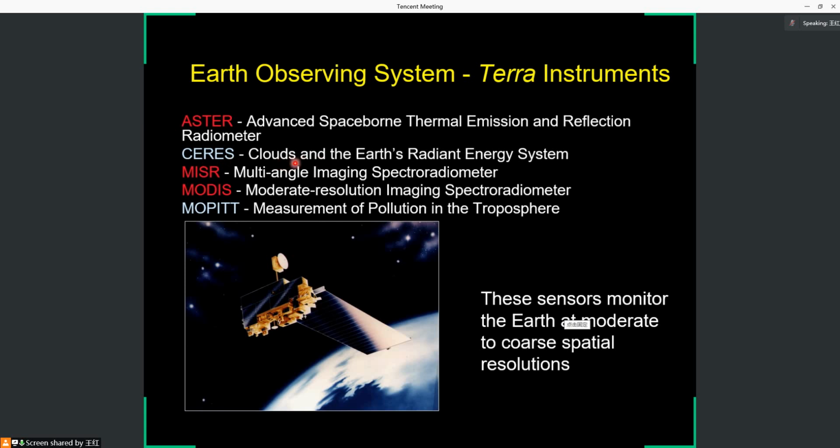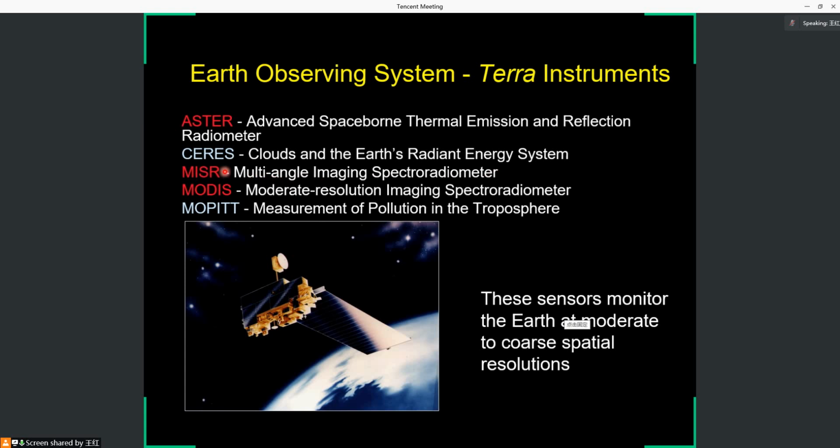It uses a cross-track and a radiant image system. This is the Multi-angle Imaging SpectroRadiometer. It's very good, but the spectral resolution is very low.